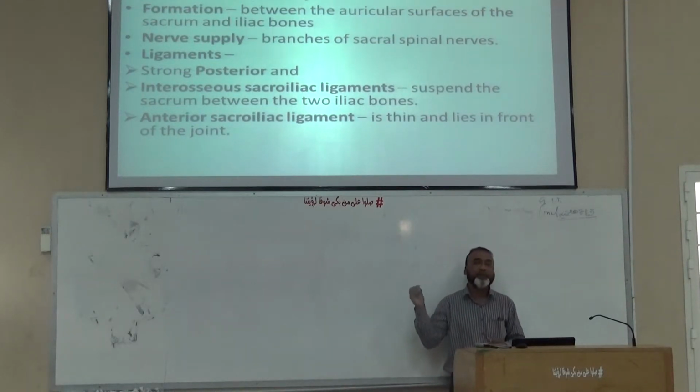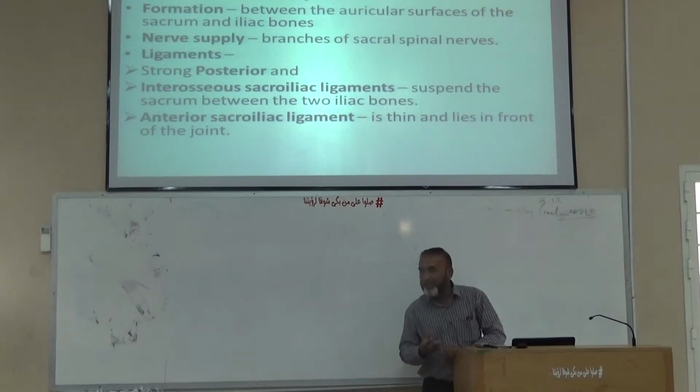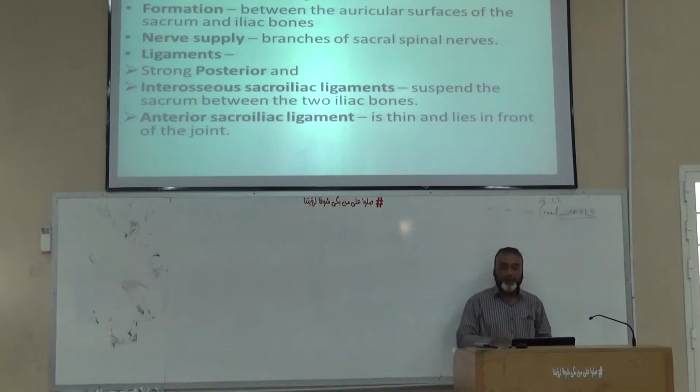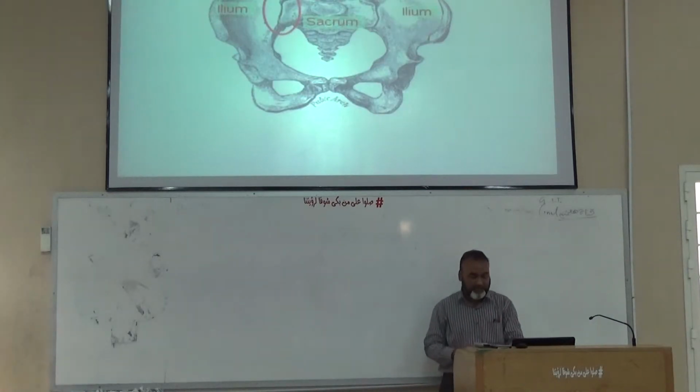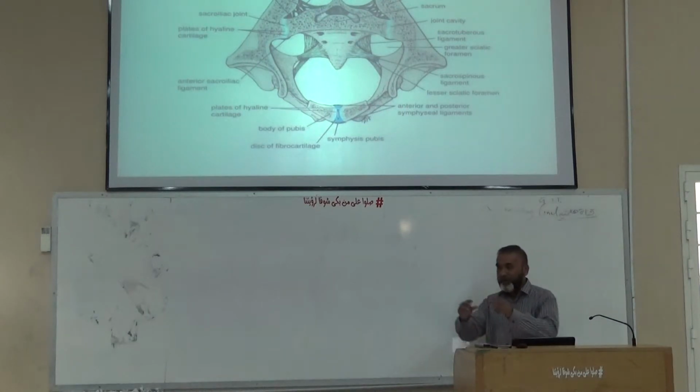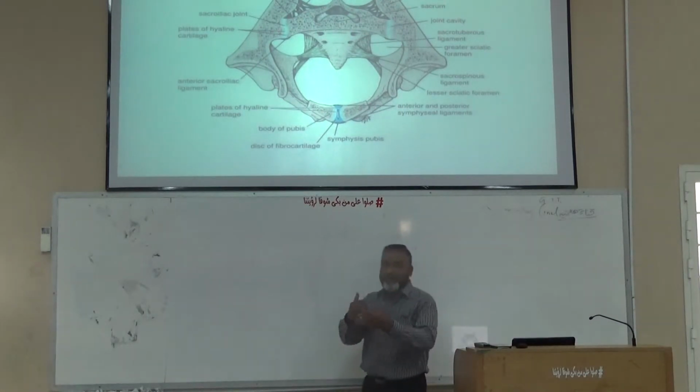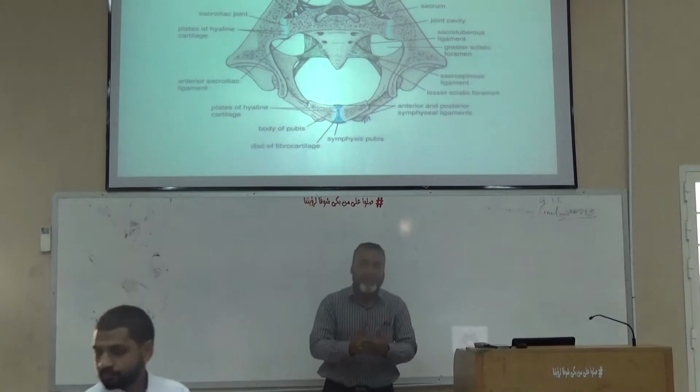First we go through the nerve supply. As it is located within the pelvic cavity, it is supplied by the sacral spinal nerves. Now to see how strong or stable this joint is, it is surrounded by ligaments, externally as well as internally.